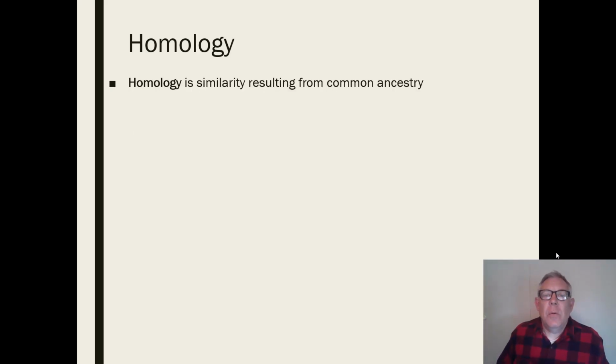And so, what I was trying to say earlier is that homology is similarity resulting from common ancestry. And so, structures that are similar in two different species, and the easiest explanation is those structures were in the common ancestor of those two species, and it got passed down to each species from that common ancestor.